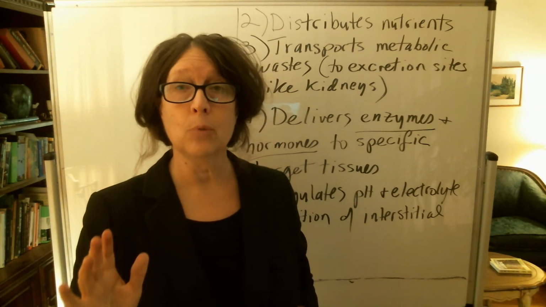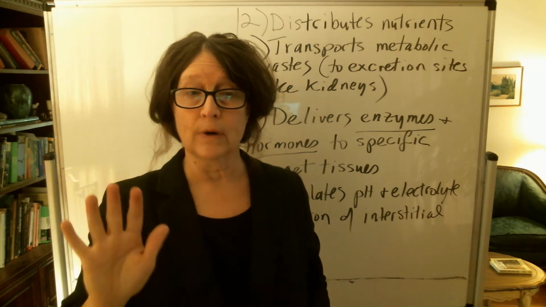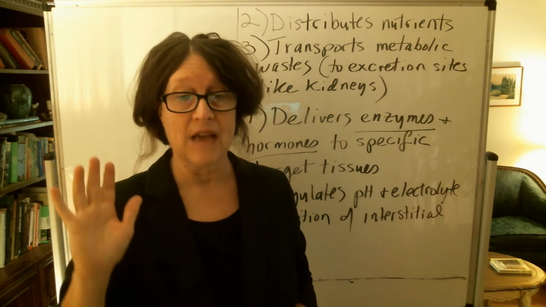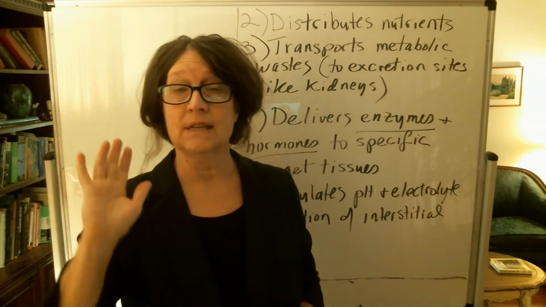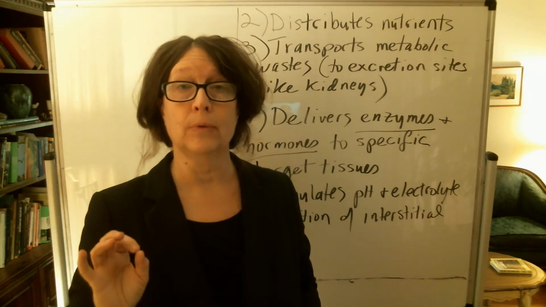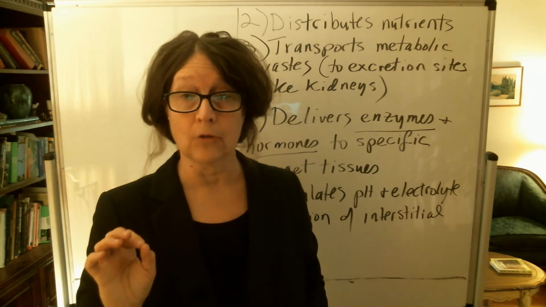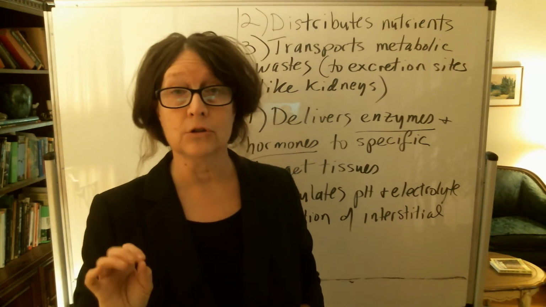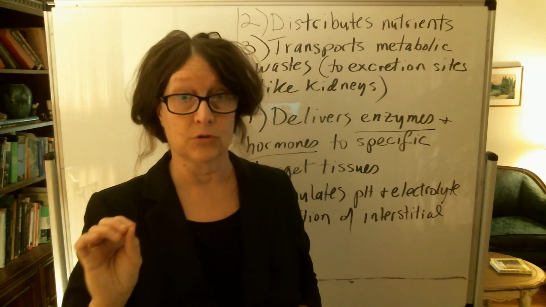So it's very important that that fluid that is right around your cells have a composition that keeps your cells happy. So as I said, they have to have the right electrolyte balance. They have to have the right pH. Your cells are fussy that way. And so the extracellular fluid or interstitial fluid has to get those right.